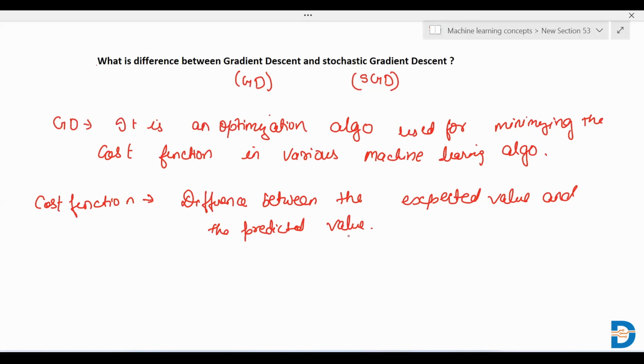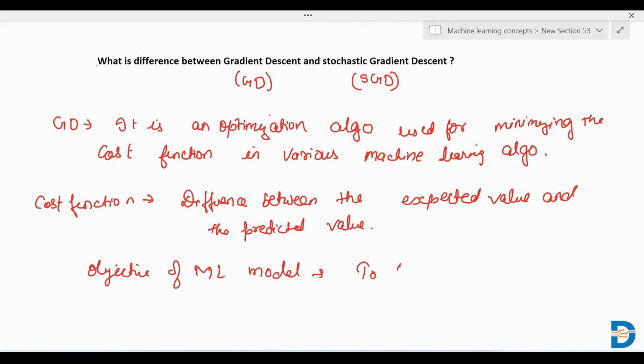It is an important parameter that determines how well a machine learning model performs for a given data set. The objective of any machine learning model is to find the parameters or the weights that minimize the cost function.